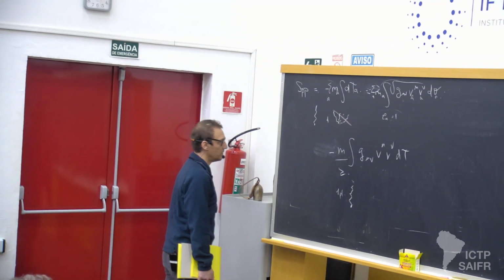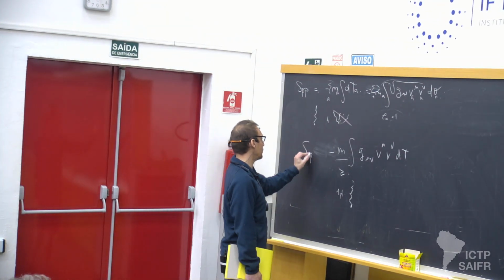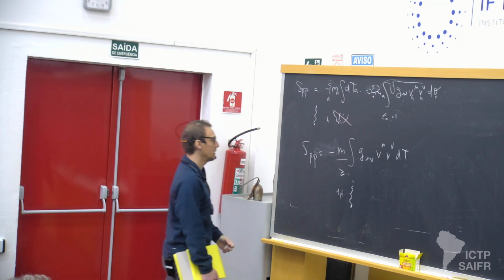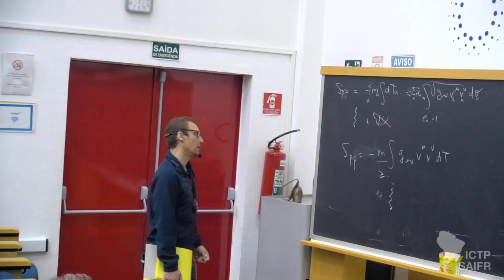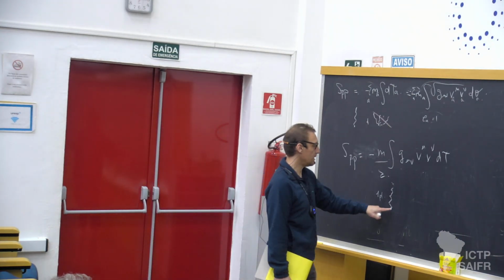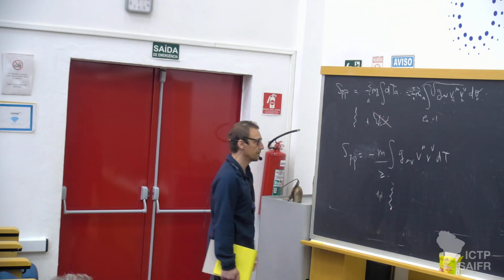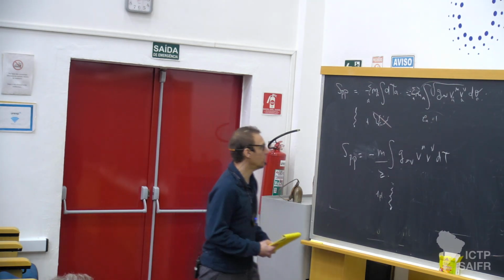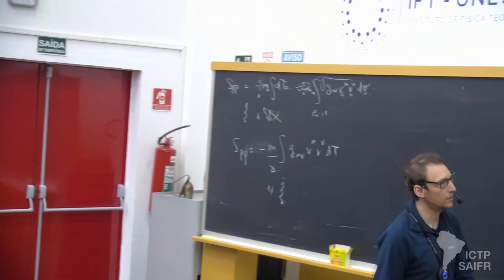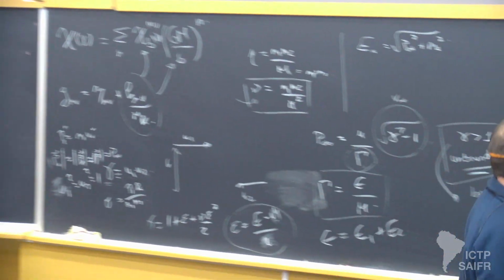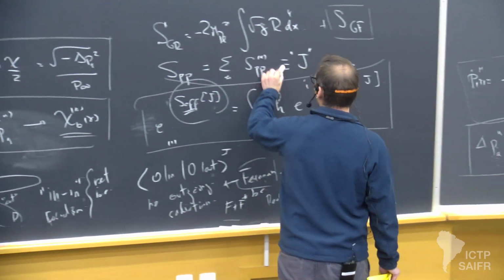So what does that mean now? That my point particle action, which I'm going to use, just gives me very simple Feynman rules. And then the bulk, which I have over here, will be this part.